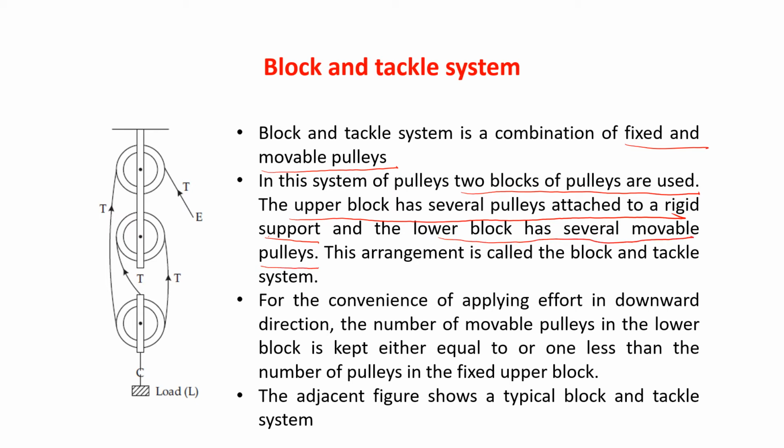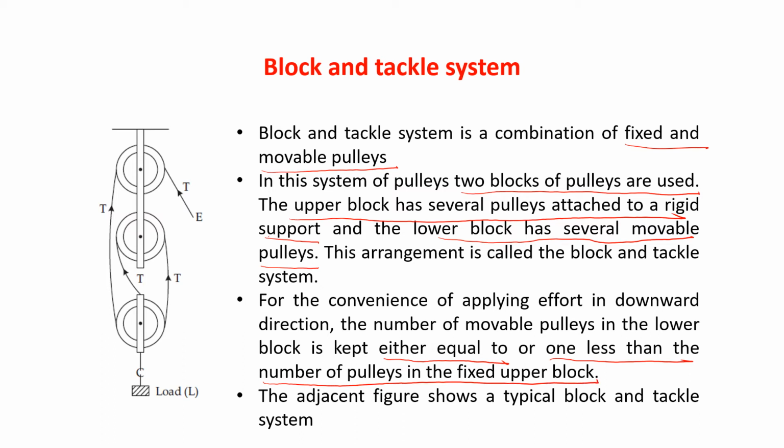This arrangement is called block and tackle system. For convenience of applying effort in the downward direction, the number of movable pulleys in the lower block is either equal to or one less than the number of pulleys in the fixed upper block.